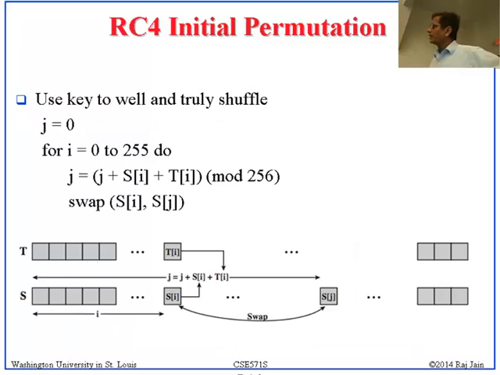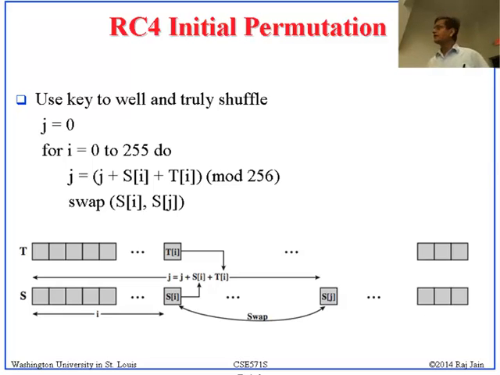You get a new value of j, and whatever value of j comes out, you swap these two registers. The S[i] value goes into the jth register, and the S[j] value goes to the ith register. So you calculate which register to swap, j equals j plus S[i] plus T[i], and then you swap S[i] and S[j].